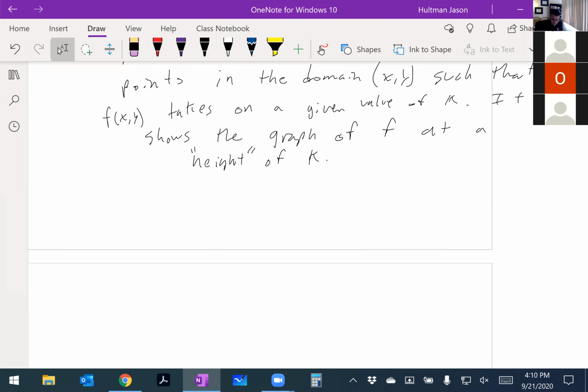Let's talk about a certain function here. This function comes to us from business calculus.